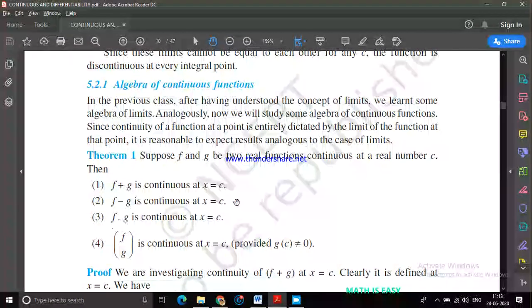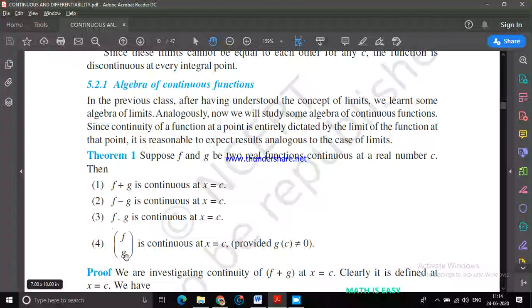Then we have a few properties. Suppose f and g be two real functions continuous at real number c. That means f is continuous at c, g is continuous at c, then f plus g, the sum of two continuous functions, is again a continuous function at c, and the difference of two continuous functions is again a continuous function. Product of two continuous functions or composition of two continuous functions is again a continuous function.